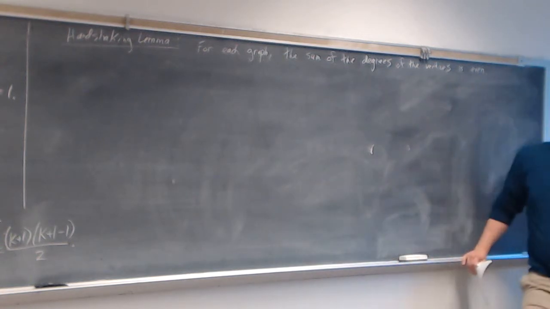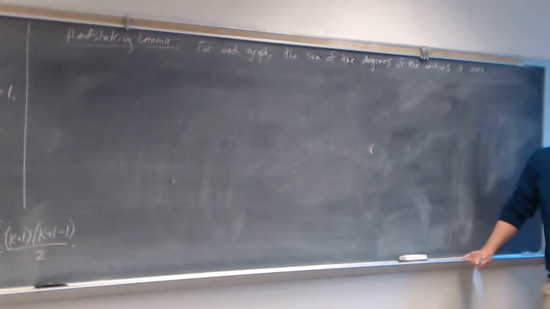So think about how graphs can represent handshakes. You can represent a handshake between two people as each person is a vertex, and each handshake is represented by an edge. So if you look at any graph and you add the degrees of every vertex, you always have to have an even number.